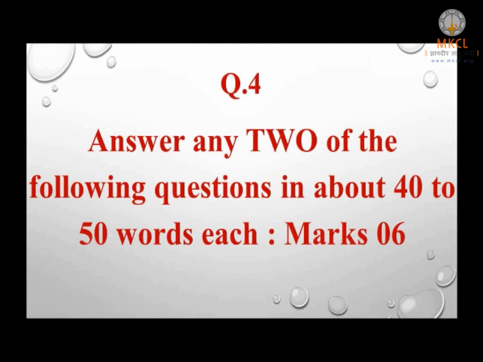Question number 4 is the question which takes into account the short note type question. Why do I call it a short note? Because the word limit set is 40 to 50 words and the mark weightage is 3. Total marks for this question are 6.